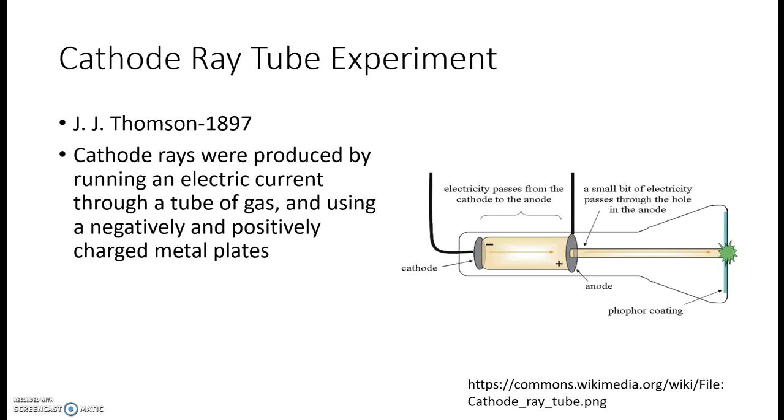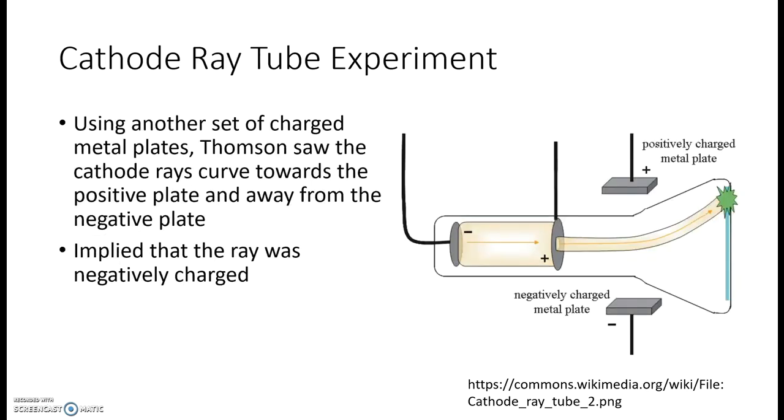Now, J.J. Thomson clearly had to have the suspicion that the atom was in fact divisible and that perhaps there were some charged particles in it, because his setup ends up looking like this. Now you'll see here there are the positively and negatively charged metal plates that are added over here.